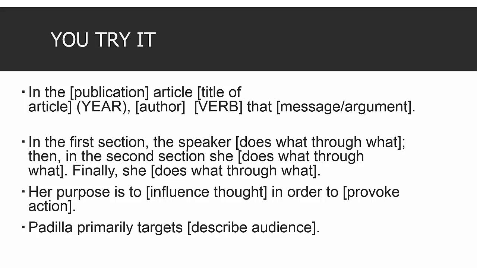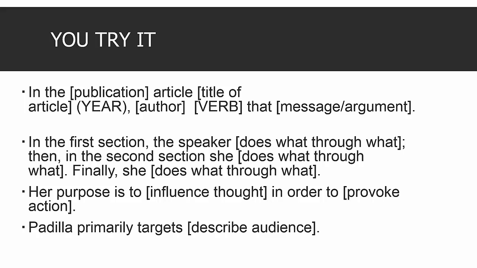Sentence 2 is where you talk about what the writer did and how they did it. So you would say in the first section, or in the beginning of the article, or in the first paragraph if the text is shorter, the speaker, and you would use their name, like Padilla in our case. And then you say what Padilla did and how she did it.